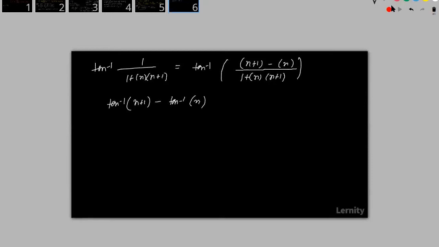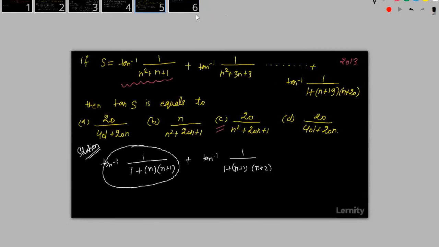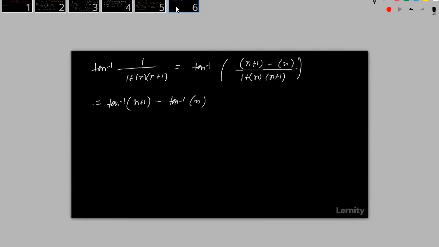And the second part, which was tan inverse of 1 plus n plus 1 into n plus 2, can be written as tan inverse of n plus 2 minus tan inverse of n plus 1.